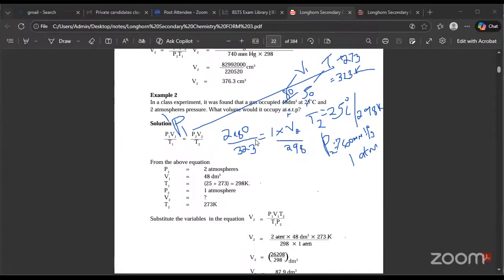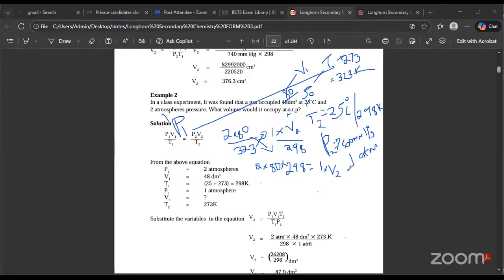So you cross multiply: this one you multiply by that one, and this one by this one. So it is 2 multiplied by 80, multiplied by 298, is equivalent to 1 multiplied by V2.